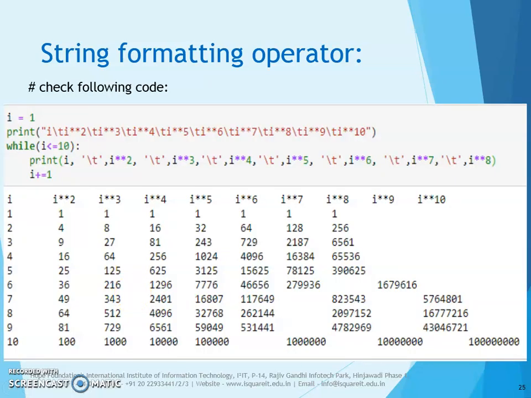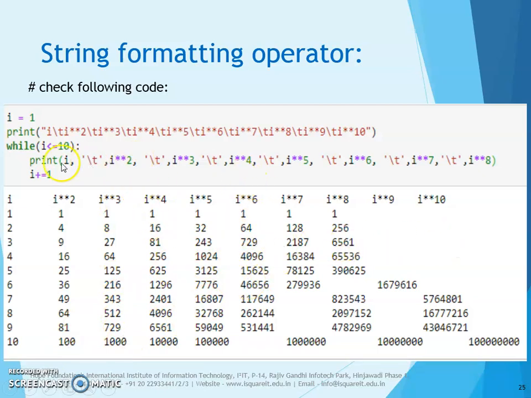Just see this example. For example, we want to display a table of the numbers 1 to 10 and the squares of all these numbers, then cubes, then raised to 4, raised to 5, raised to 6, 7, 8, 9 and so on.